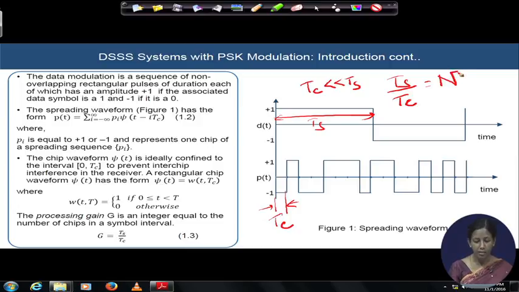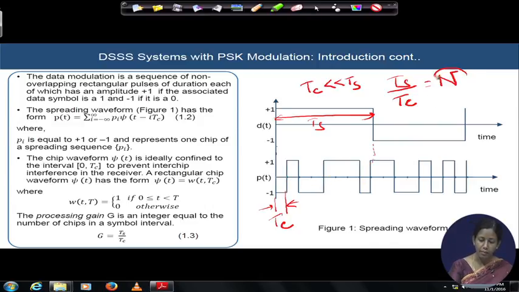To get to the integer number, we usually keep one assumption: whenever the transition is happening for the data symbol and the chip symbol, they will be in sync on both sides of the data. If this is maintained, that the transitions will be in sync for both p(t) and d(t), then definitely you will get an integer number of chips inside the Ts.